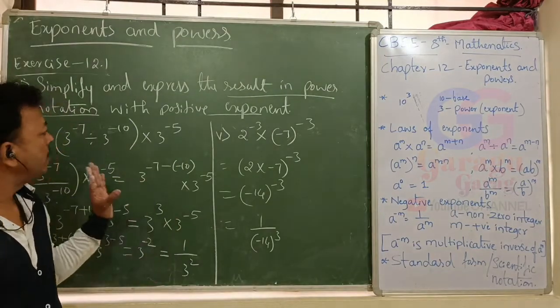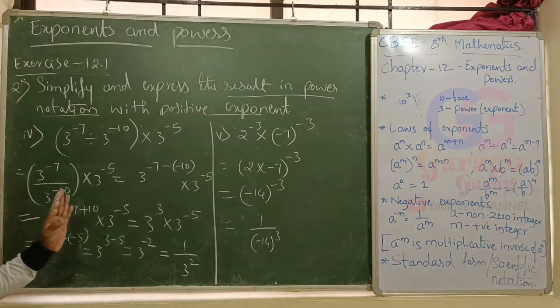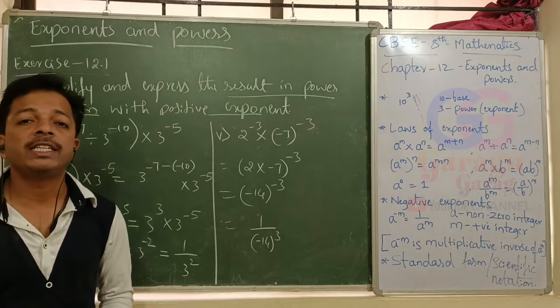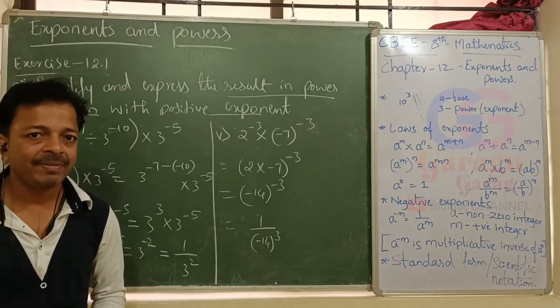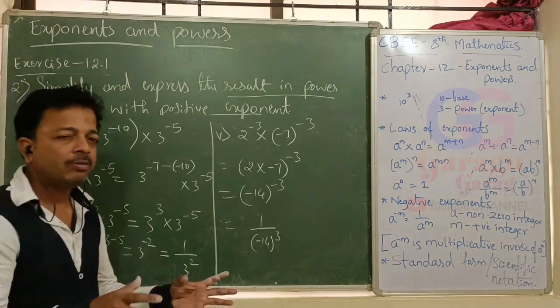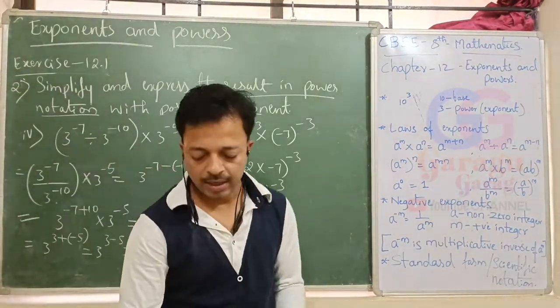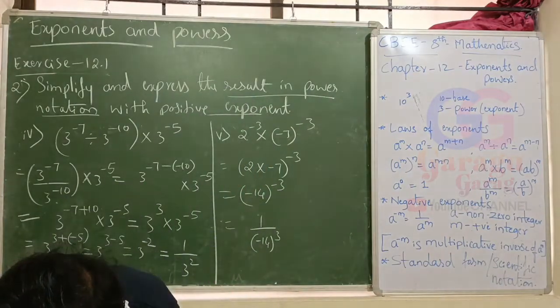Okay, 2 questions are over. The first question is evaluate, and the next one is simplify and express the resulting power notation with positive exponent. I hope you all are understanding whatever questions I am explaining. Now, find the value.